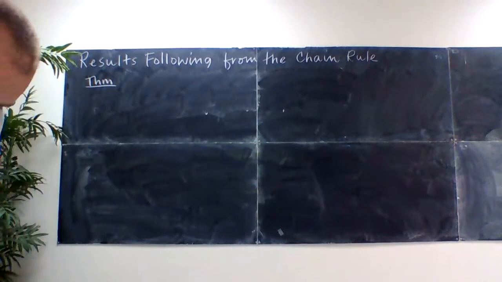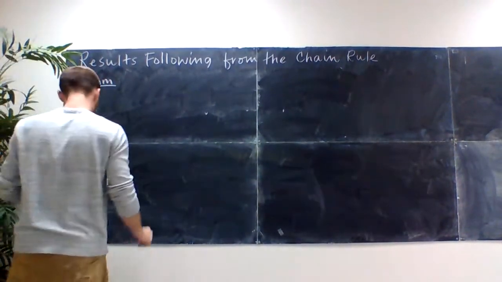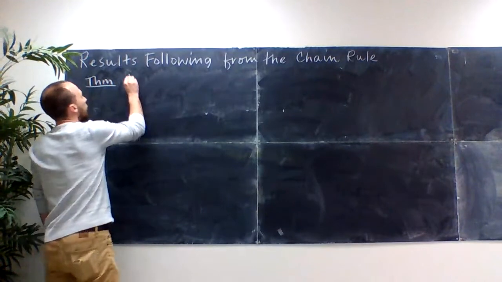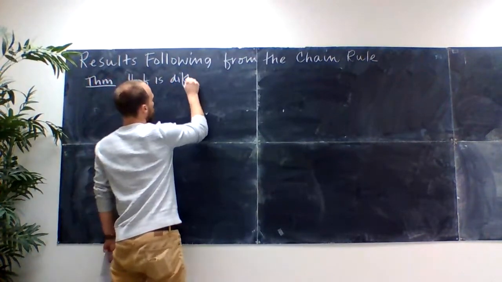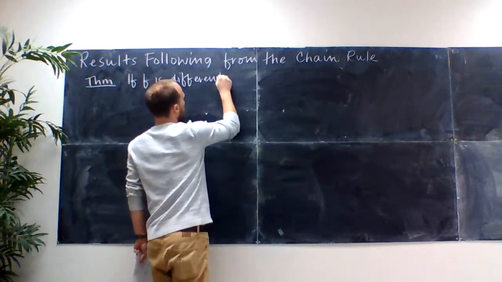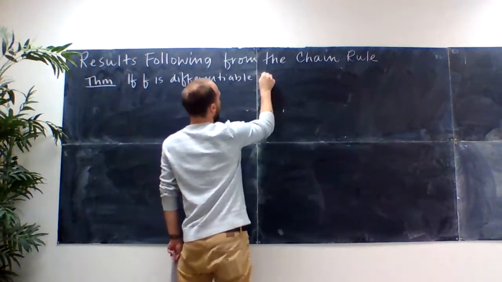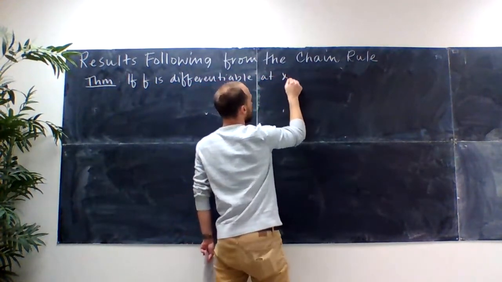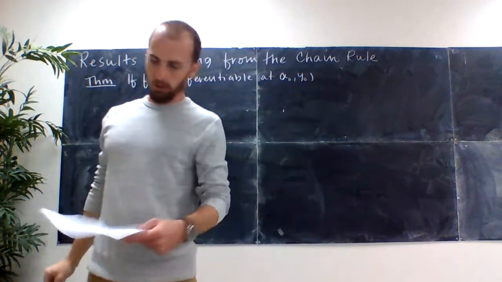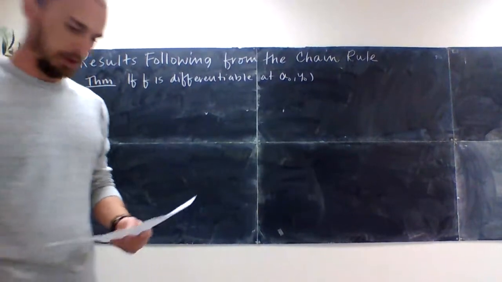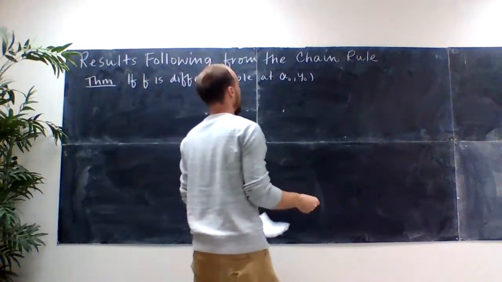So if f is differentiable at x naught, y naught, I also want to remark that f of x naught, y naught is equal to c.